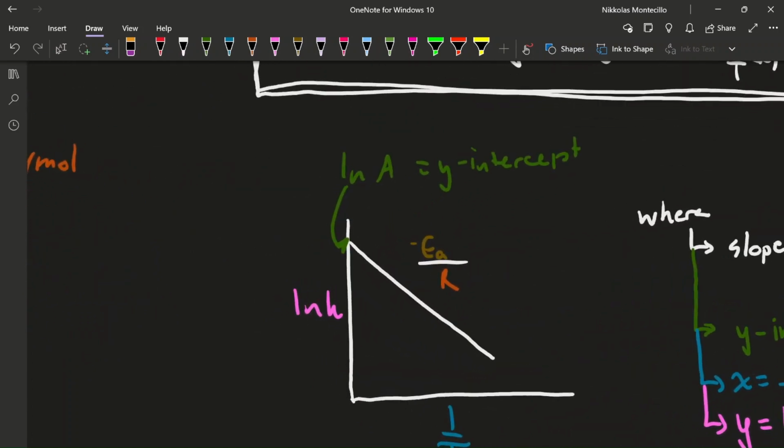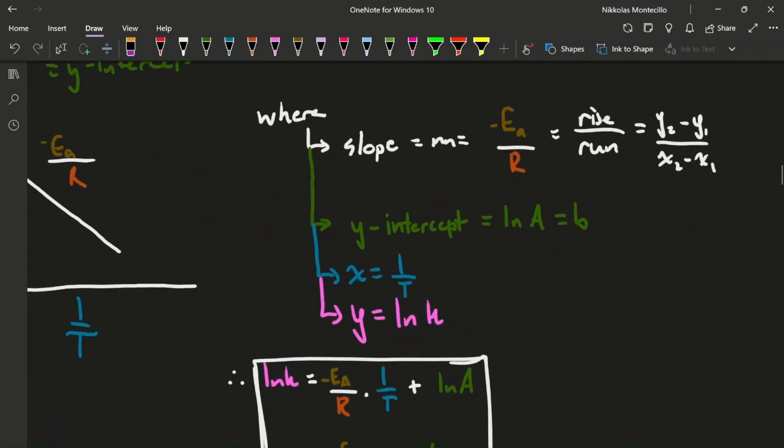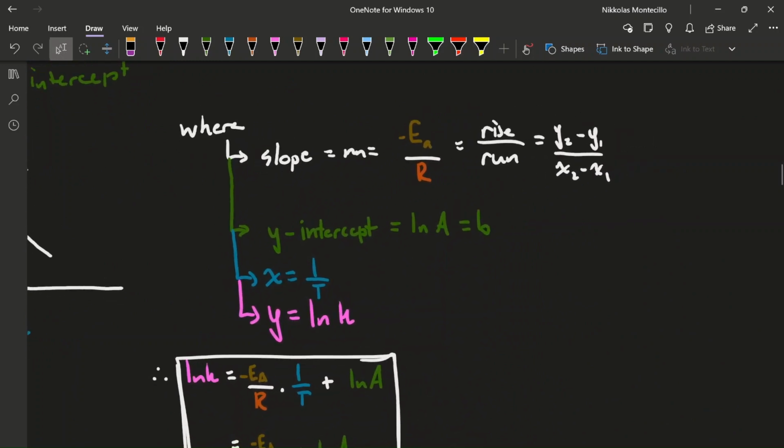This is the graph where ln k is y, the inverse of temperature is x, and the slope is negative Ea over R. The slope is equal to negative Ea over the universal gas constant, and the natural logarithm of A is the y-intercept. So together, these are the variables that make up this graph.